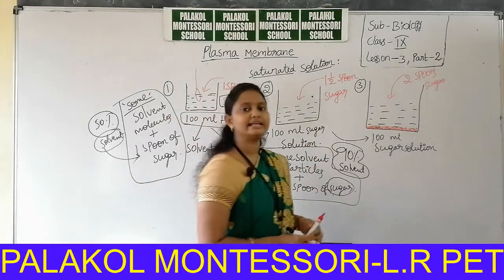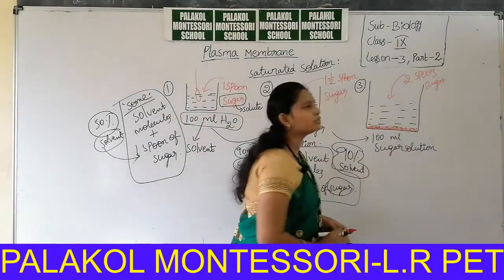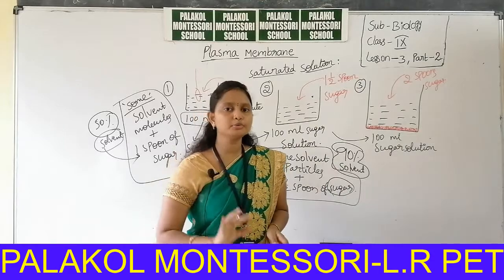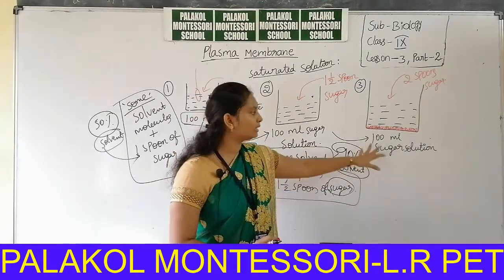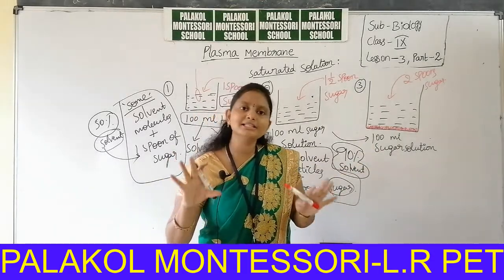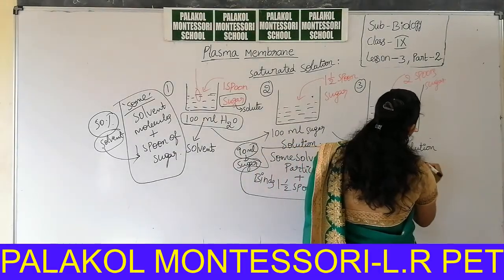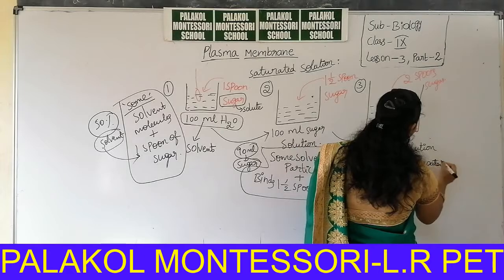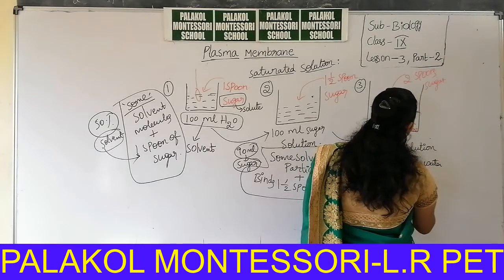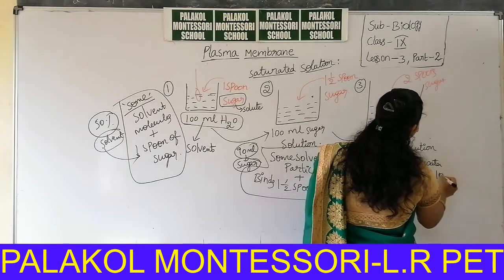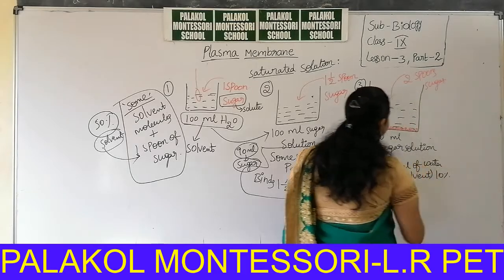Now in the third case I considered 2 spoons of sugar. So here only 10 ml of water is free. That 10 ml of water is nothing but solvent molecules. Only 10% of the solvent molecules remain free.